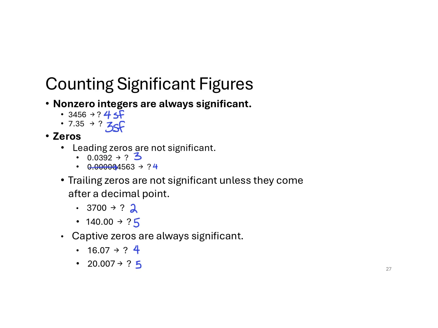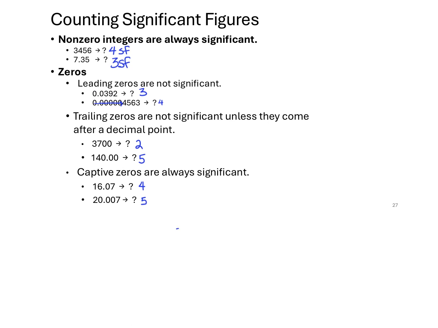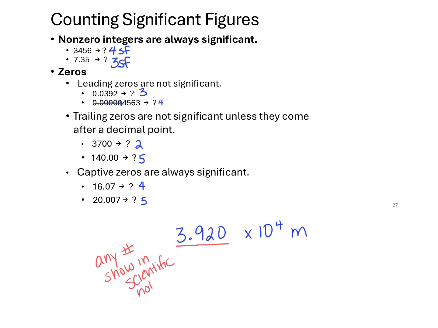If you see scientific notation like 3.920 times 10 to the 4th meters, any number shown in scientific notation is significant. So this would have 4 significant figures here.